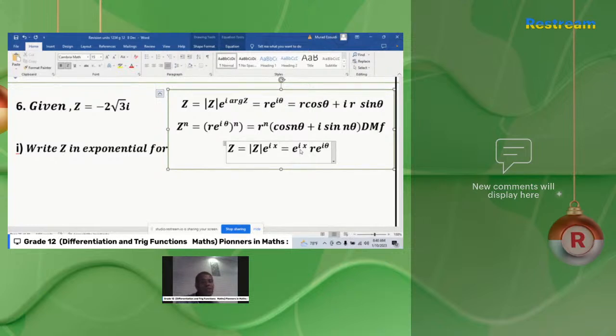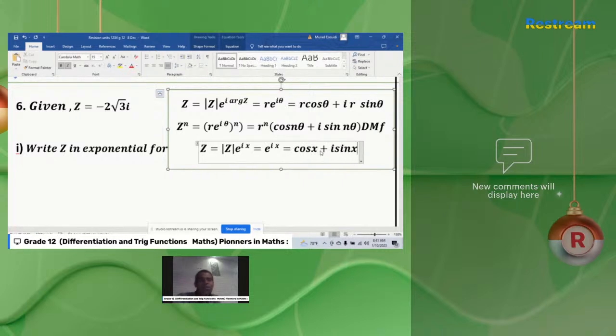Like when x equals pi, it will be exponential I pi, which is -1. When x equals pi over 2, the complex number z is plotted on the positive imaginary axis, measured from the positive real axis. And therefore, this one is equal to cosine x plus I sine x.